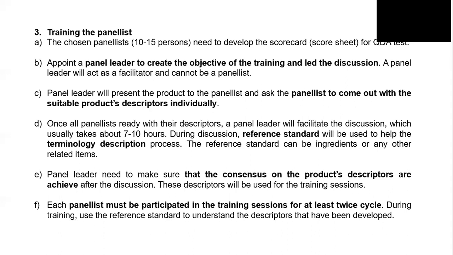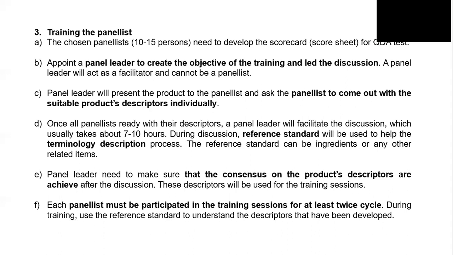All right. So after that, these 15 potential trained panelists will have a discussion and make a consensus on the product descriptors, because after all, they need to come up with only one score sheet. So let's say I have 15 potential panelists and every single panelist has their own terms. Maybe 5 of them agree to use the term golden yellow as the highest intensity and whitish as the lowest intensity.